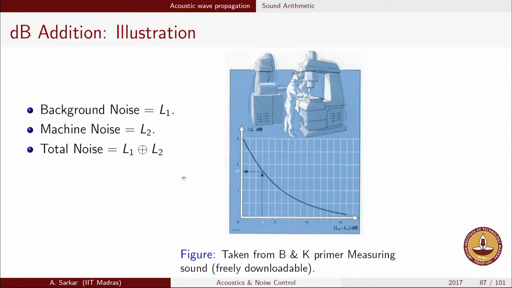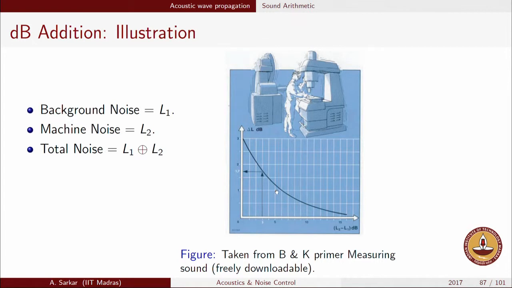Or maybe on the shop floor, where things have to be done fast and sometimes without a computer, we have these kinds of charts which tell us that if the arithmetic difference of L2 and L1 is known, this L2 minus L1 being a simple arithmetic difference the way we have learnt it in kindergarten, so we do not need to worry about it, then whatever is the difference, we need to add this value for it. For example, if the difference is 3 dB, then we need to arithmetically add 1.7 dB, and that will give us the total noise.